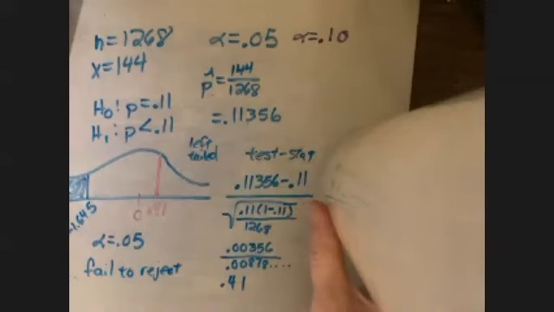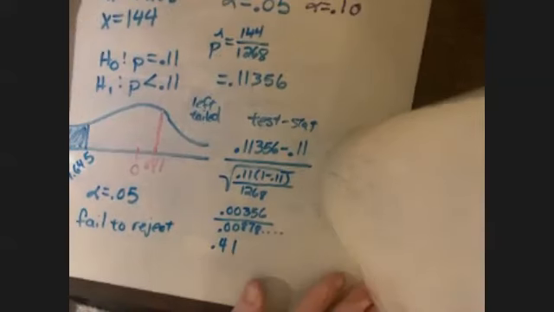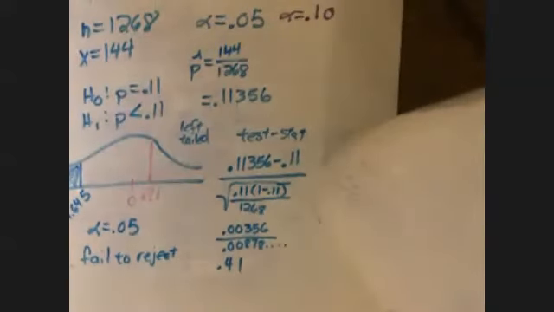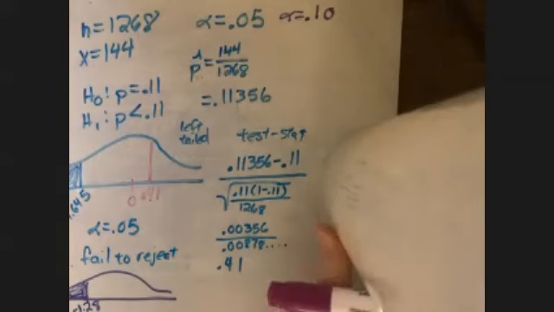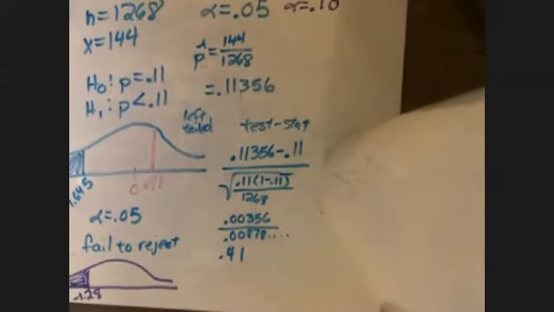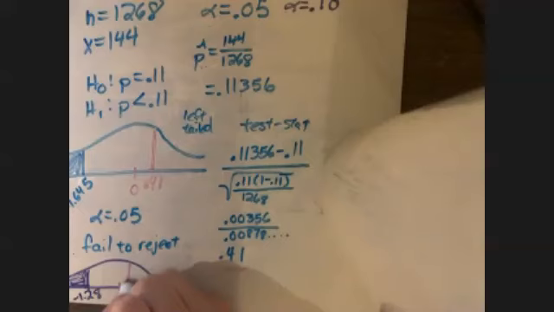Now, if we go to our alpha of 0.10, I'll switch into that other color and draw my shape here. For 0.10, this critical value is negative 1.28. Trying to get this all on the same slide. Now, putting our marks on here, that's 0, and that's 0.41 right there.